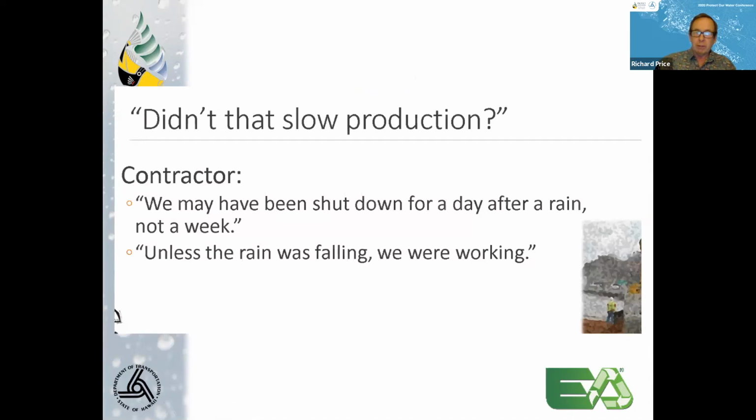One of the other questions that he entertained was, did that slow down production? You know, do you slow down the project by telling them to phase it, for instance? And you may, or you may not, because if you have this huge exposed area and you get a big rainfall, then you have a big mud pit, you have repairs that need to be made before they can even get back to construction.